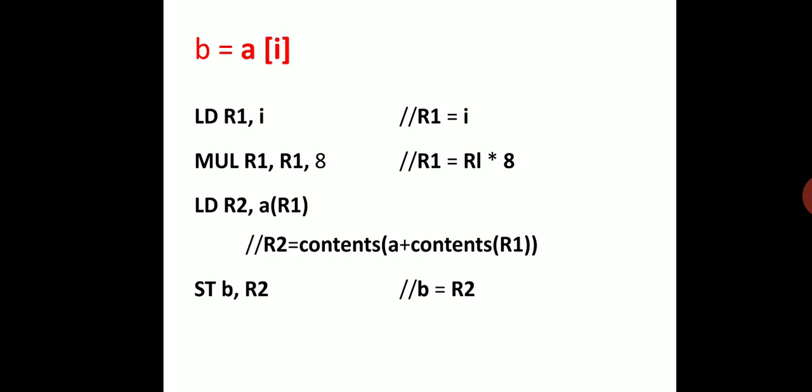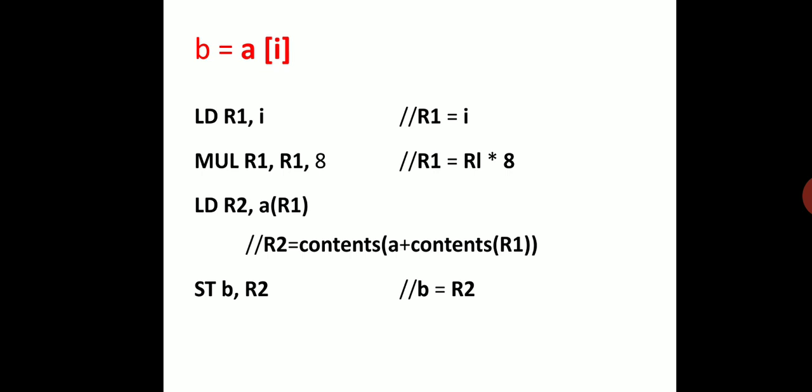I indicates the index, and here we are referring to the index addressing mode, which means total 8 bits are allocated to A. Whenever we are dealing with index addressing mode, A of I is equal to 8, because in index addressing mode a total of 8 bits are allocated.